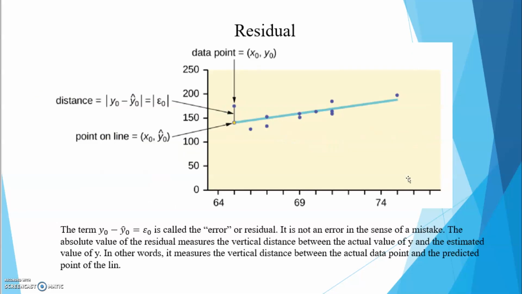Okay. Now something called the residual. So all your data points will have an xy coordinate system here. So your residual is actually the distance from this, which is your actual data point, to the line. So this right here is the actual data point.